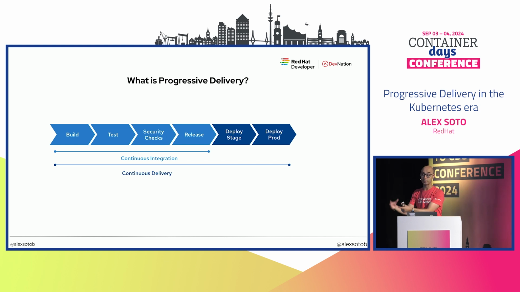And finally you release. This release is not releasing to production. In the containers era, it's like building the container and pushing it into your image registry. This is the release of continuous integration.